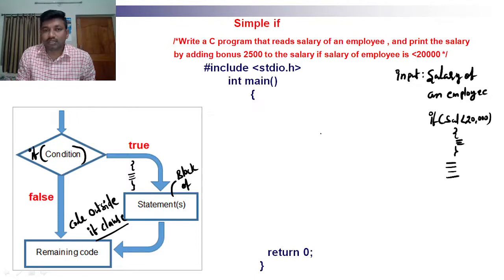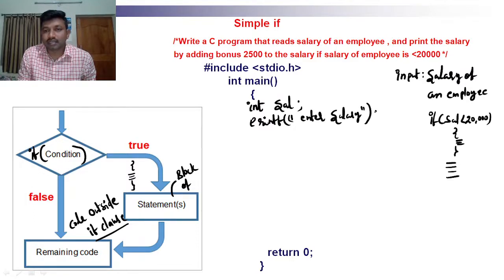Am I right? So let me do that. How can I do that? Let me declare salary as an integer variable, so let it be int sal. Let me scan the salary of the employee: printf enter salary, then scan it with %d, since I have taken this as an integer.